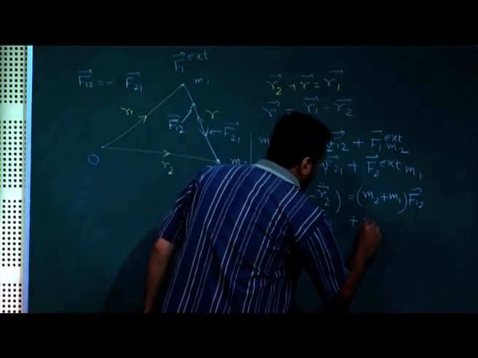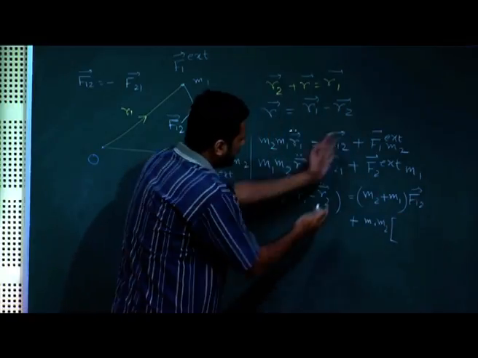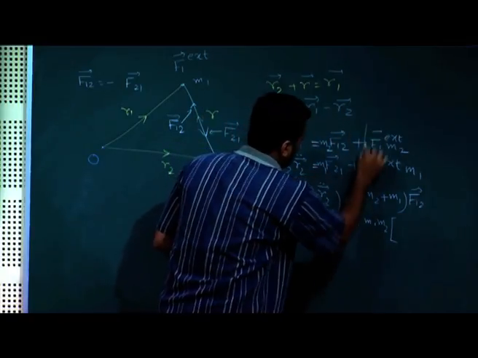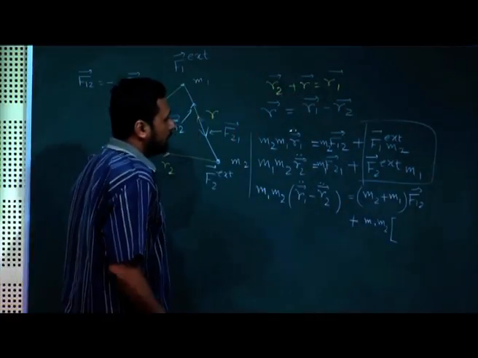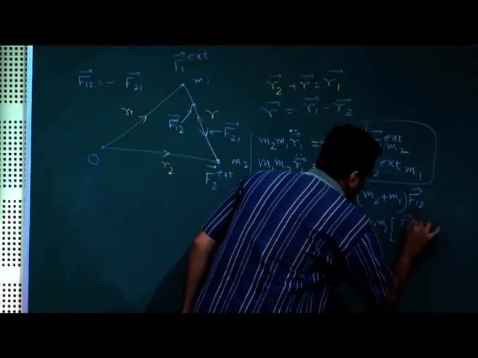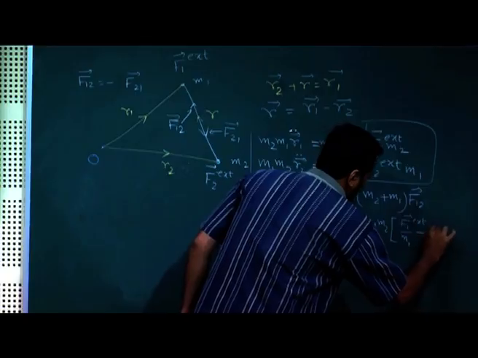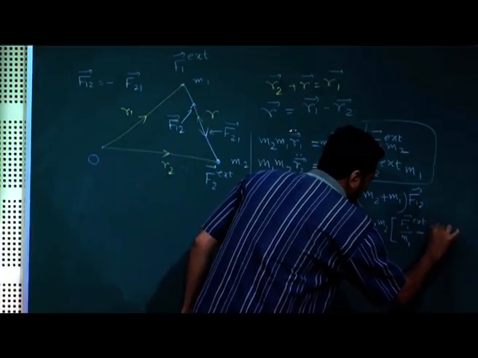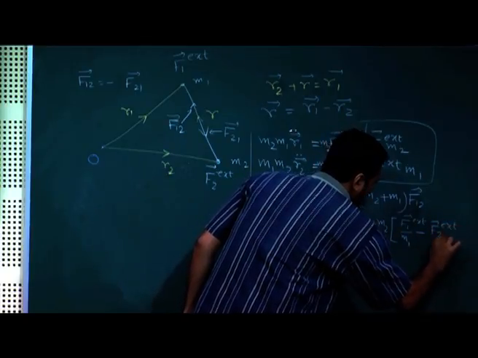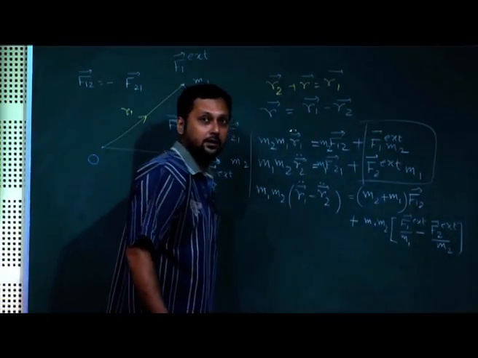Once again we can take M1 M2 common from the last two terms. So, the first term will be F1 external by M1 minus the second term, F2 external by M2. Is it visible? Yeah, it is visible.